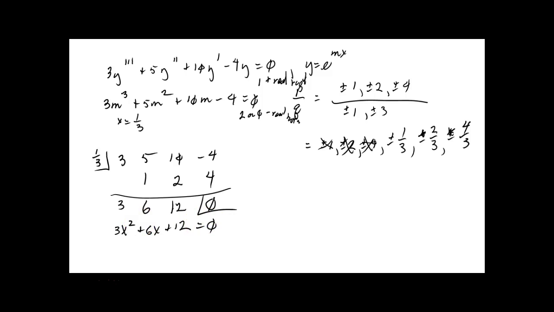And what's an obvious thing you can do to it? Factor. Okay, and how would you factor that? Divide everything by 3. So that makes that a 2 and makes that a 4. So now we have x squared plus 2x plus 4 equals 0. What you think on that one?